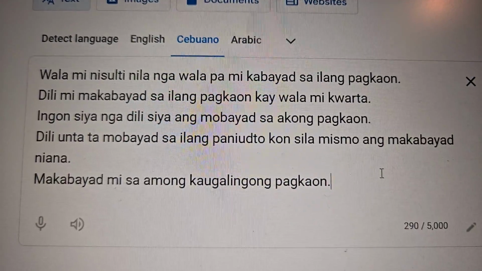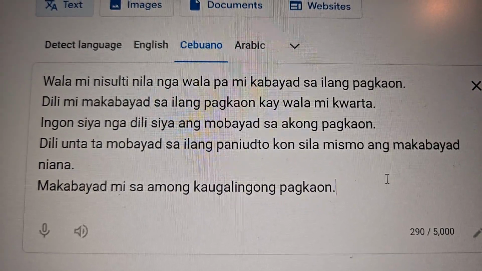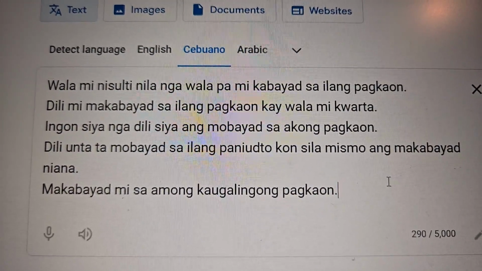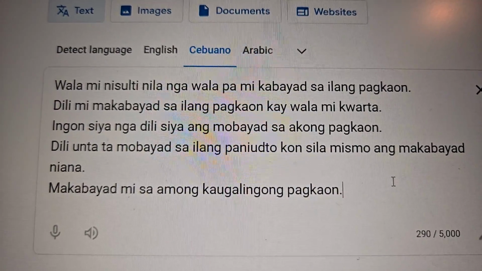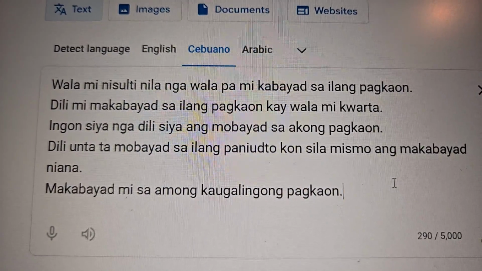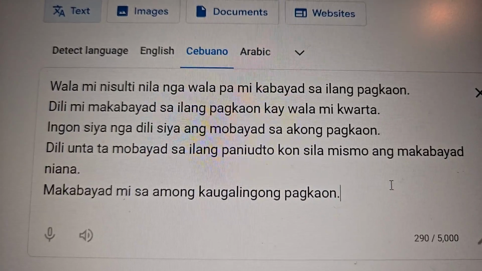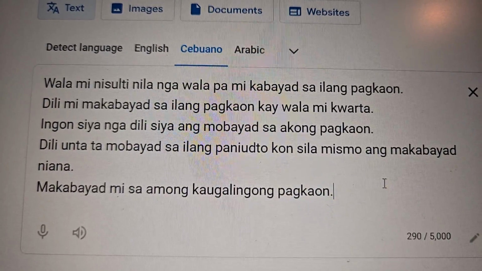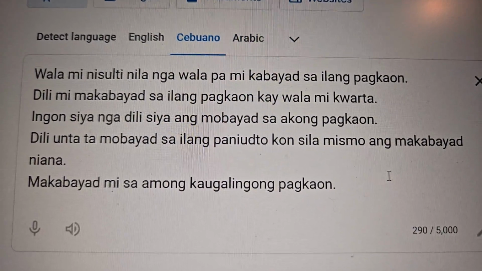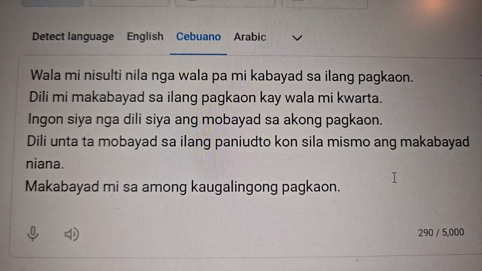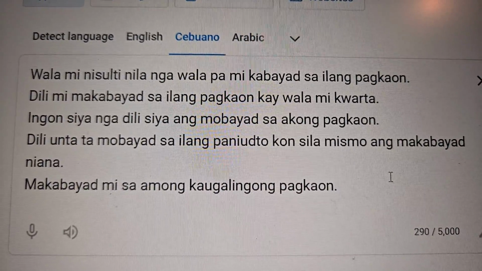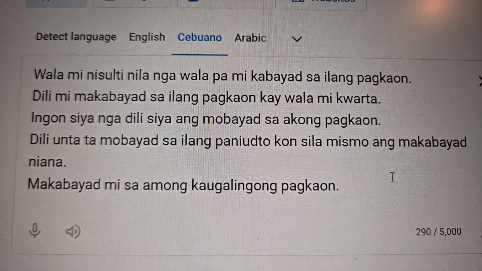And the last sentence, makabayad mi. We could have paid. Again, reflecting on something that happened in the past. If we're talking about a current event and we're contemplating something, we could have paid here.